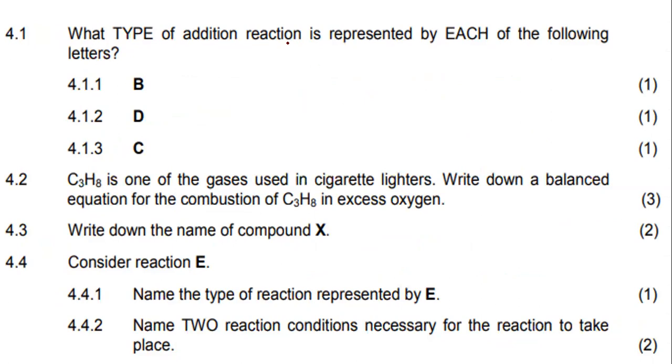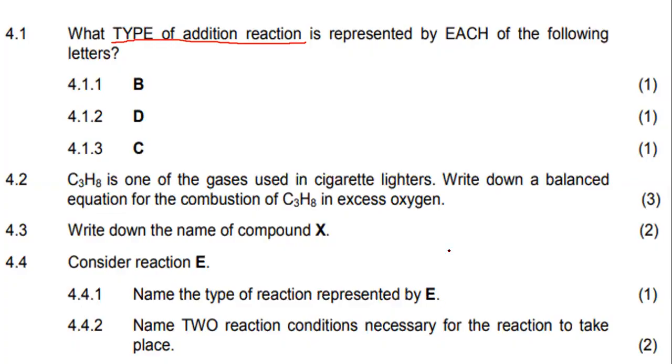So they are asking for the type of addition reaction. It means we already know that those reactions are addition reactions. We just want to know what type of addition reactions they are.